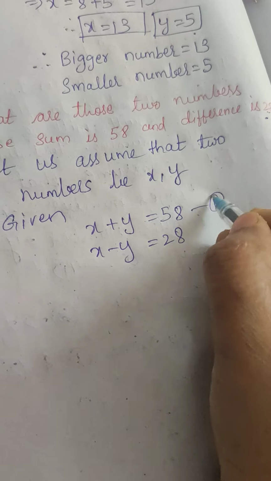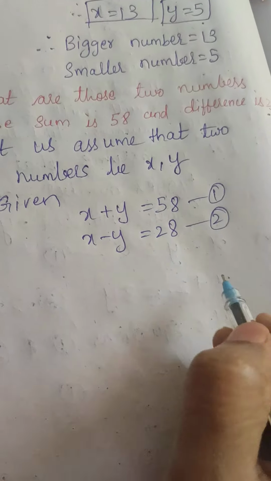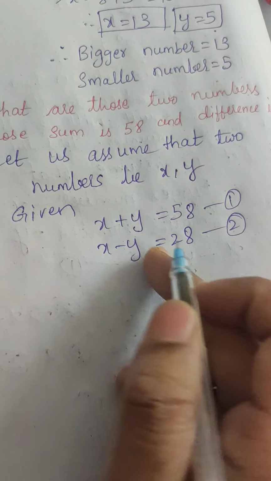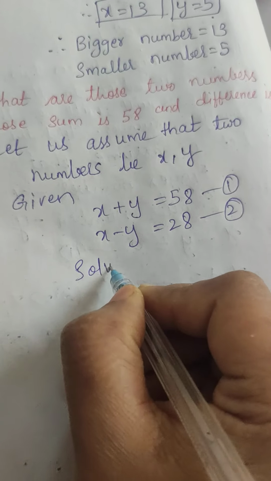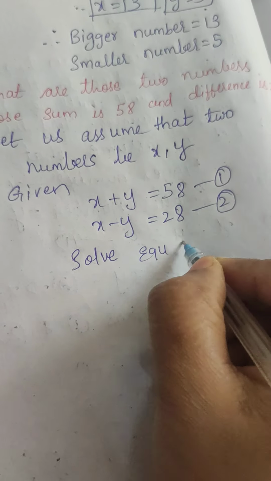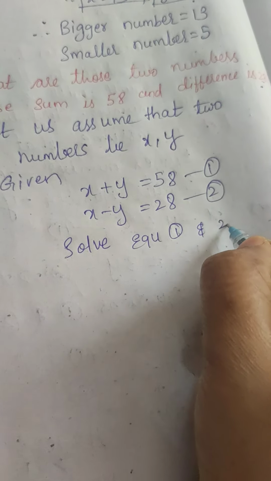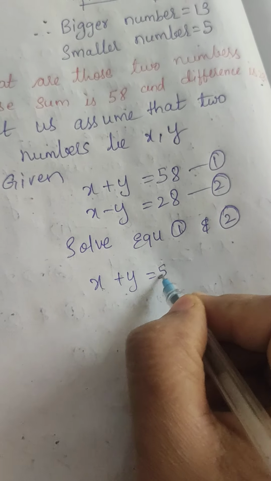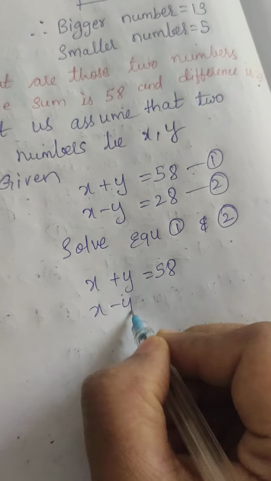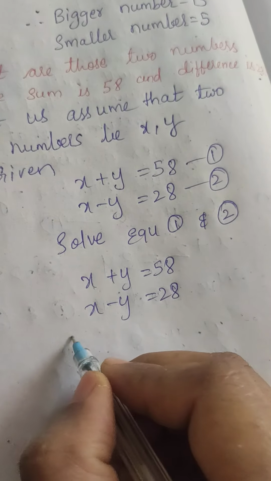Now if we solve these two equations, we get the values for x and y. That is, two numbers x and y we will get. Now solve equation 1 and 2. x plus y is equal to 58, x minus y is equal to 28.